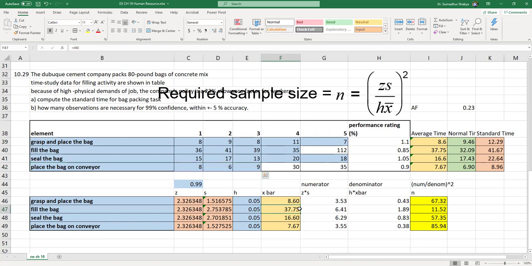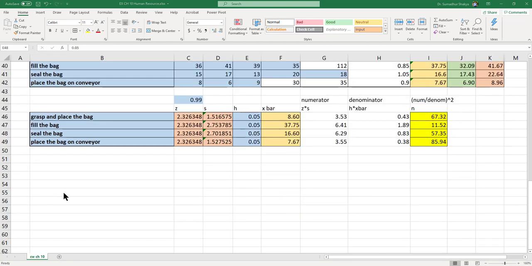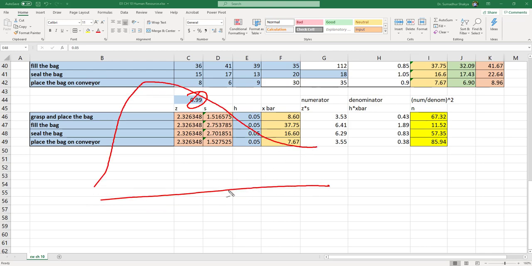Okay. Now, one thing I would like to point out is I wanted to keep things simple so far. So far, we've been told that we are looking for a 99% confidence interval. Let's say we have a graph that looks something like this.